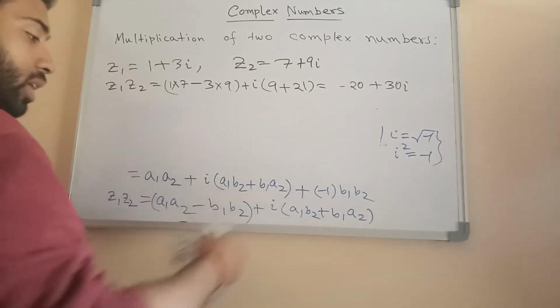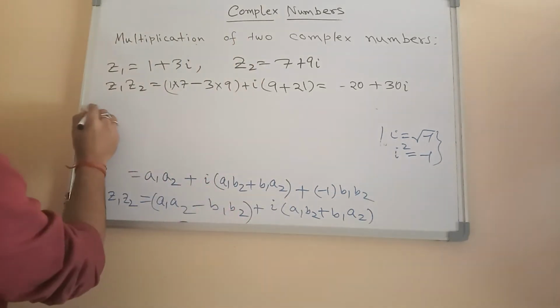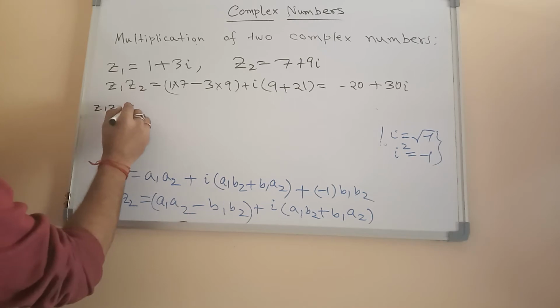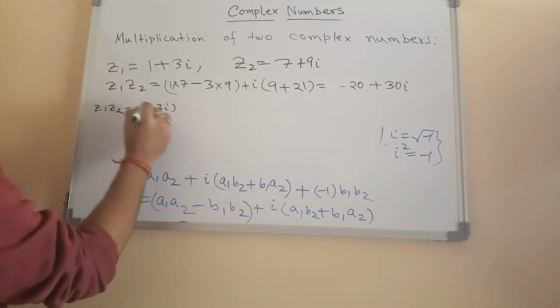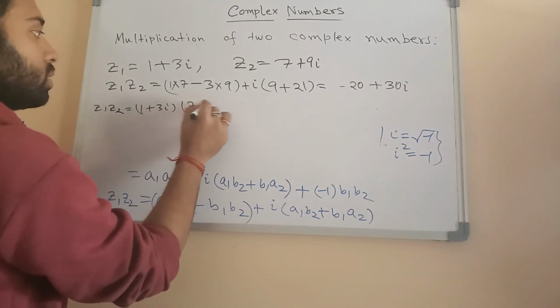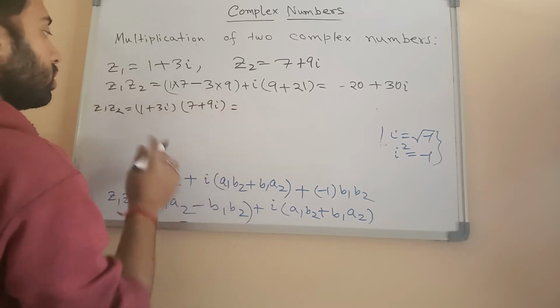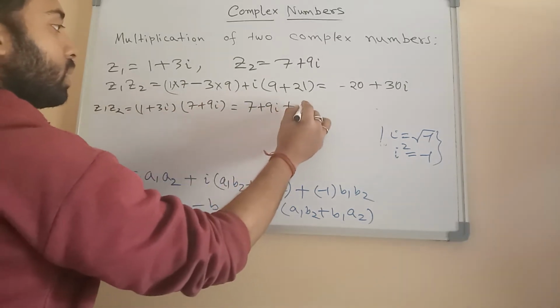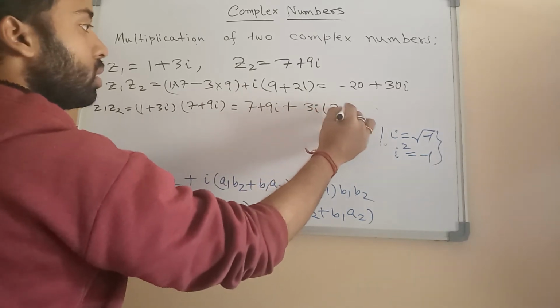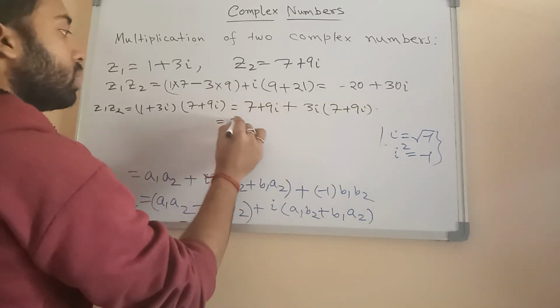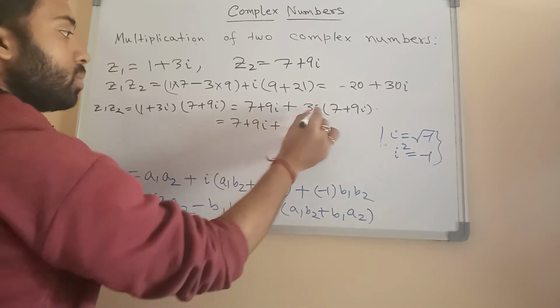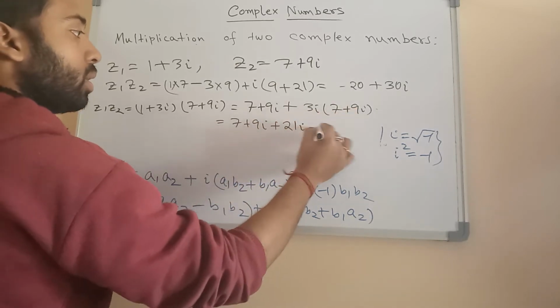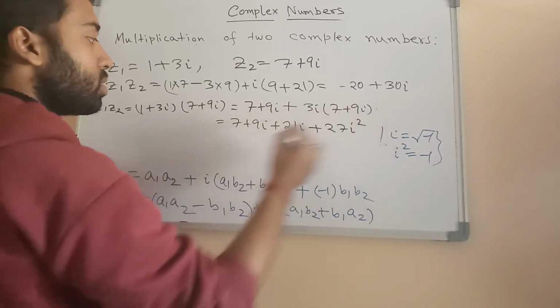Or you can directly multiply, like I did to find this formula. That is (1 plus 3i) into (minus 7 plus 9i). So direct multiplication: minus 7 plus 9i minus 21i plus 27i square.